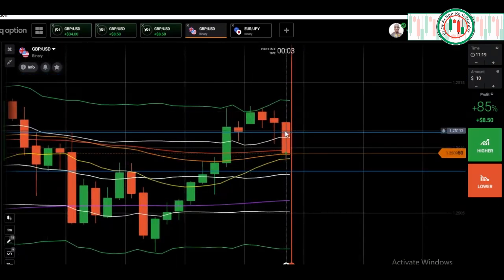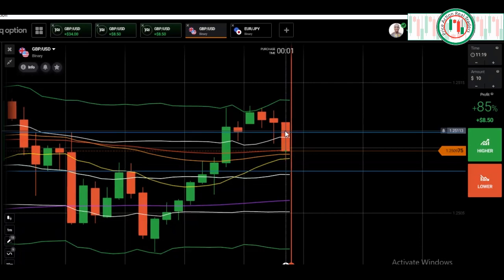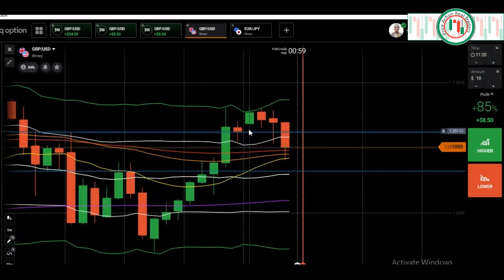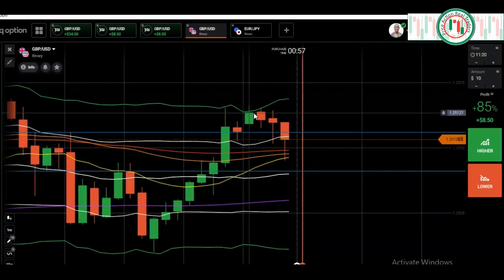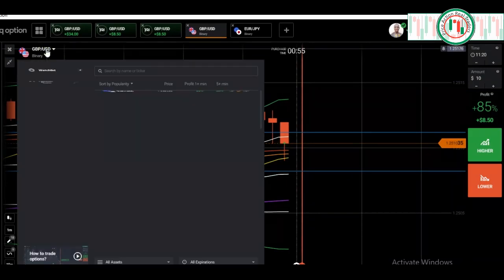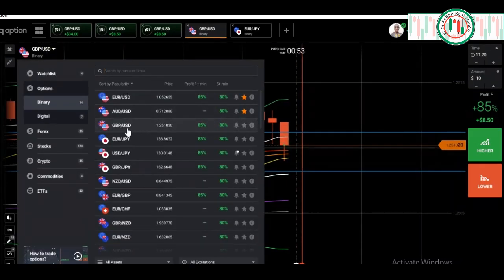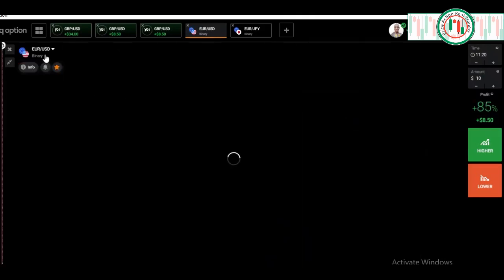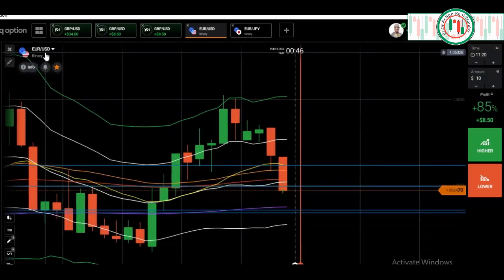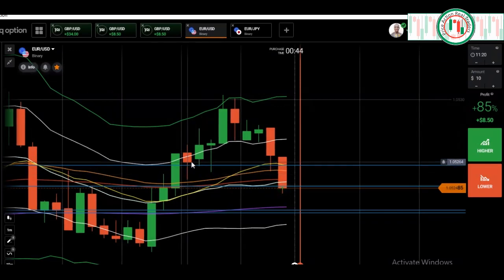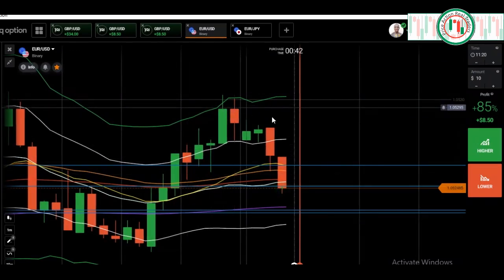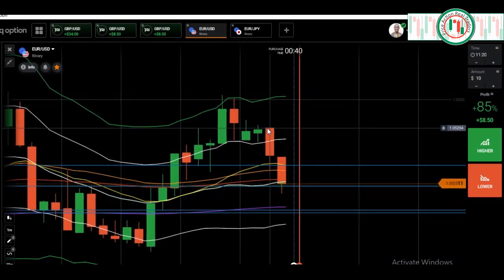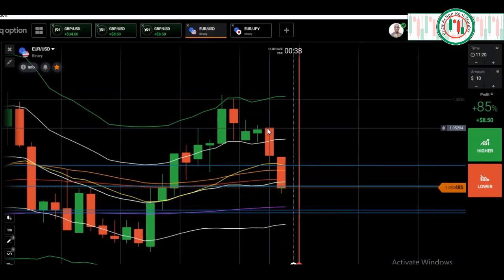You see still. But here you see engulfing, and this is like a double top. So this is a double top.